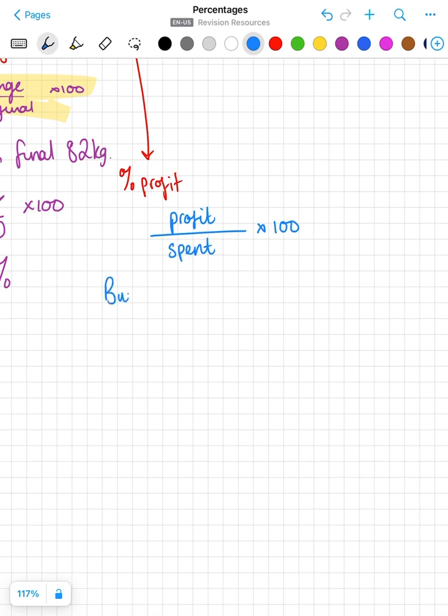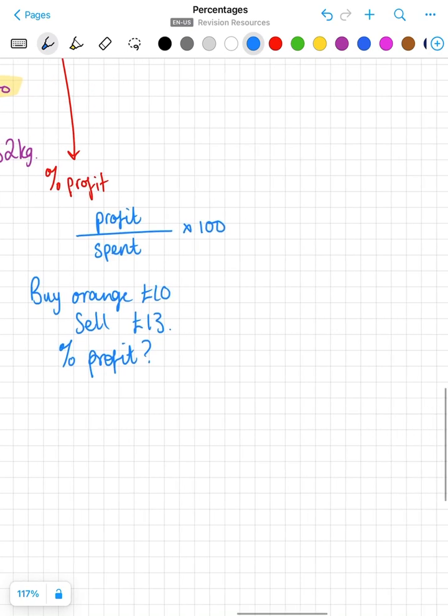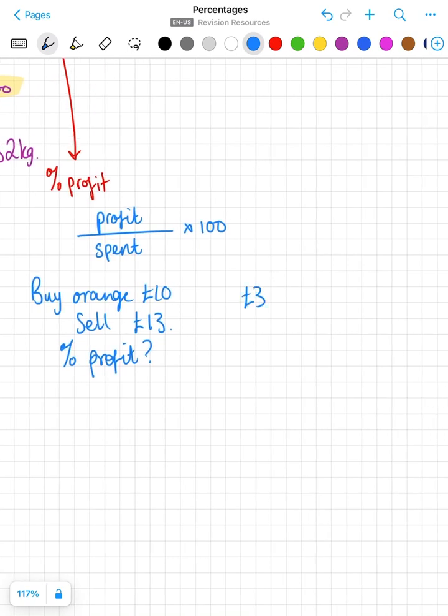So let's say you buy some cases of oranges for £10, you sell them all for £13. What is your percentage profit? Well, how much money did you make? You made £3 out of a total spend of £10. So putting that in the calculator, or 3 over 10 as a percentage, is 30 out of 100, so 30% profit.